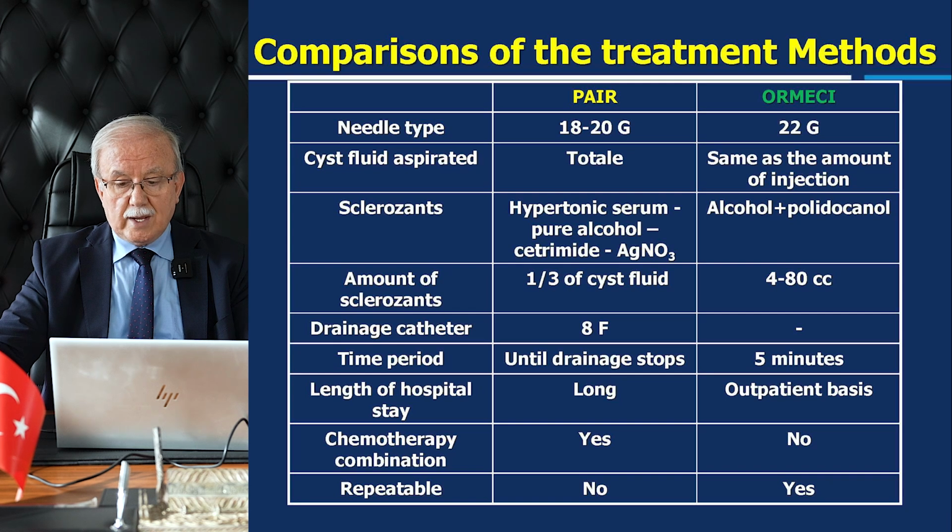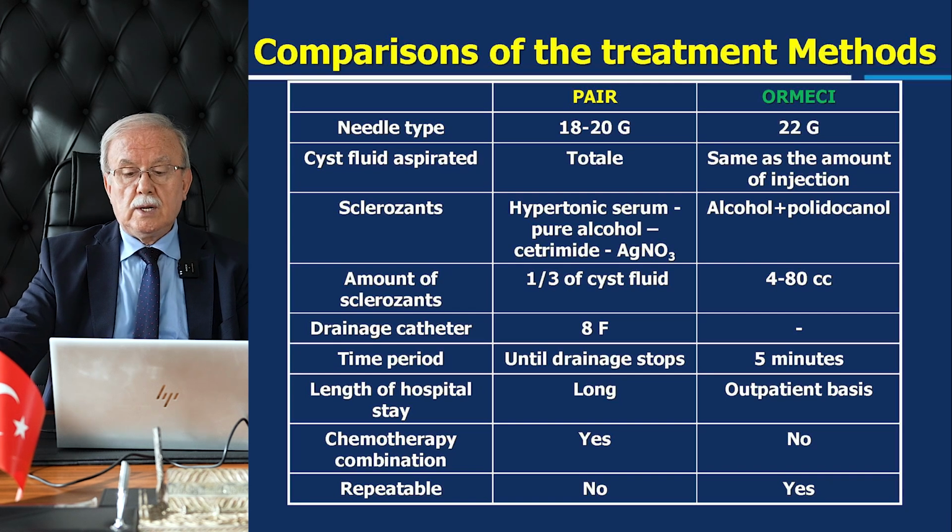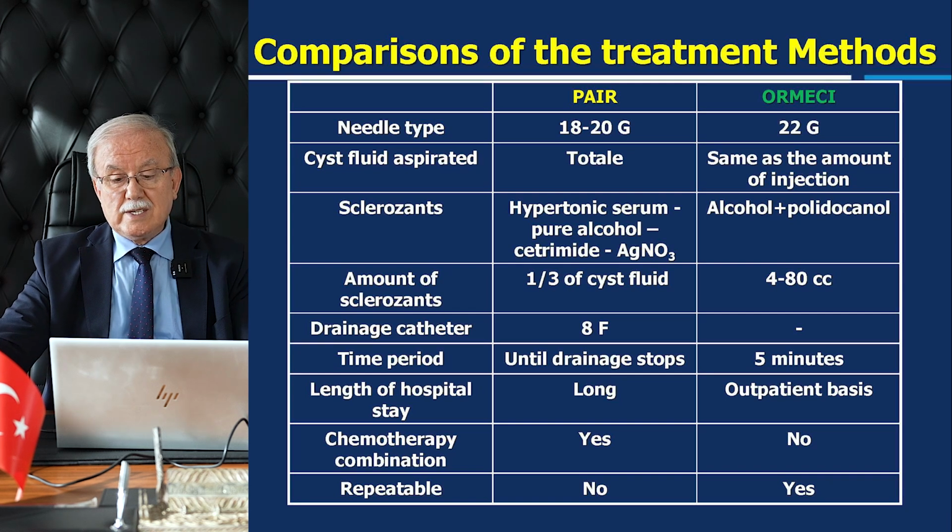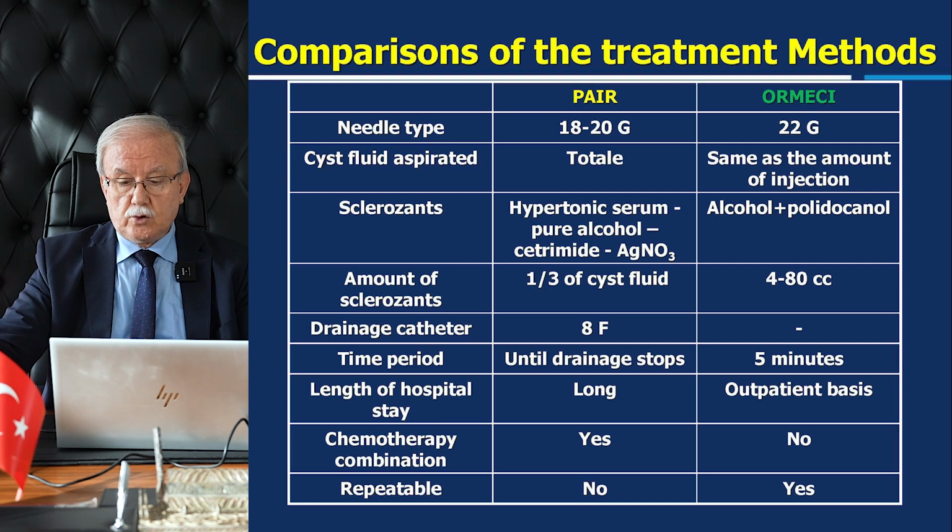So I suppose that if there is a connection between the cyst and a biliary duct, vessel or lymphatic duct, polidocanol may stop the communication. So we used polidocanol combined with alcohol.